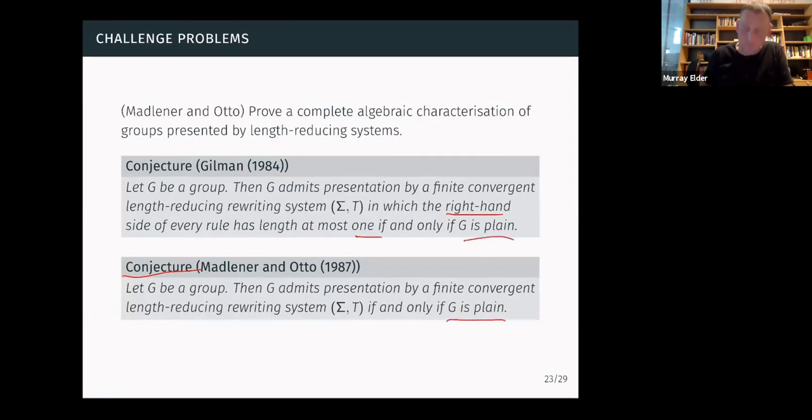Okay, so we know one direction: if you're plane, then we have a length reducing rewriting system where the left-hand sides have length 2, so of course the right-hand sides have to have length 1 or 0. They do, because we saw it. So that's the connection.